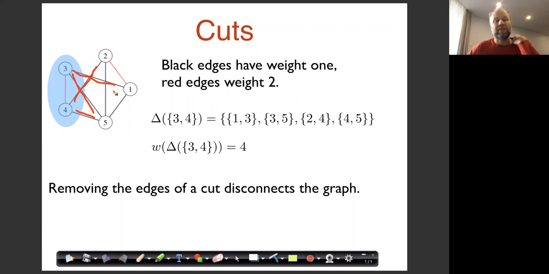Those are all the edges with exactly one endpoint in the set {3, 4}. And the weight of that cut is going to be 4, because there are 4 edges leaving the set, and they all have weight 1. You can see from this picture that if I were to remove those edges in the cut, that would actually disconnect the graph.